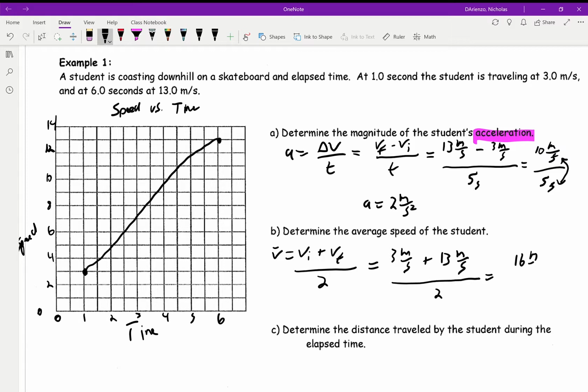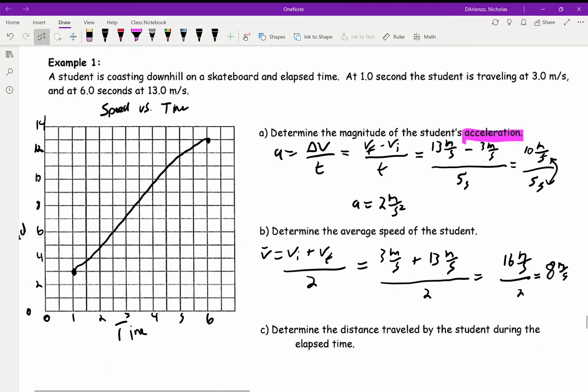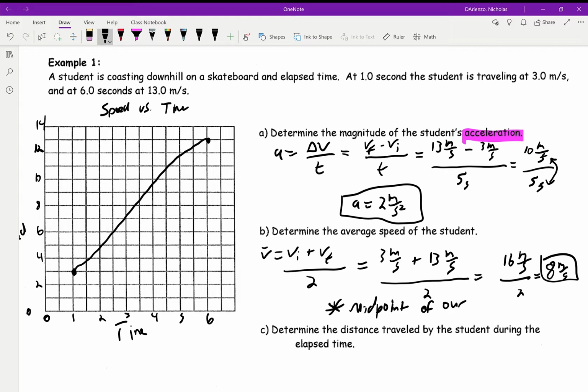This comes out to 16 meters per second over 2. We get an average of 8 meters per second for our speed. Put a box around these. The average here is also going to be the midpoint of our line.